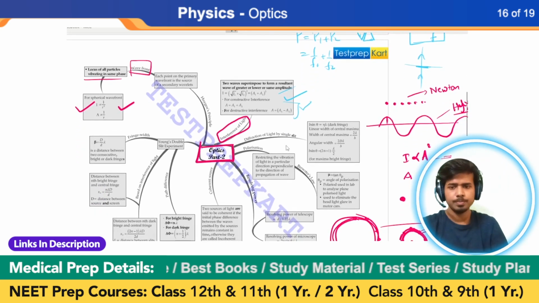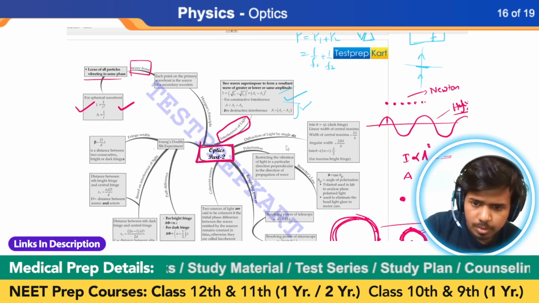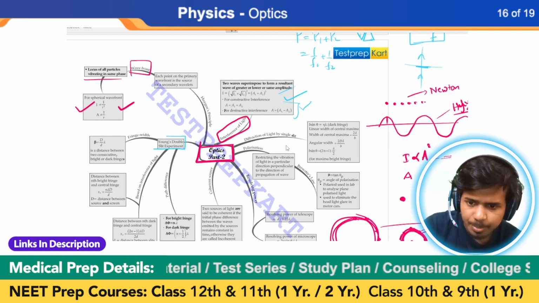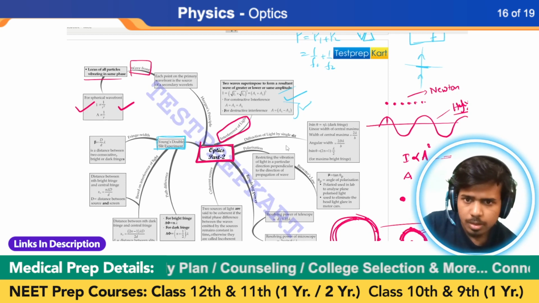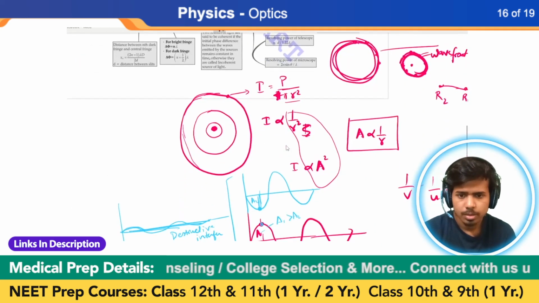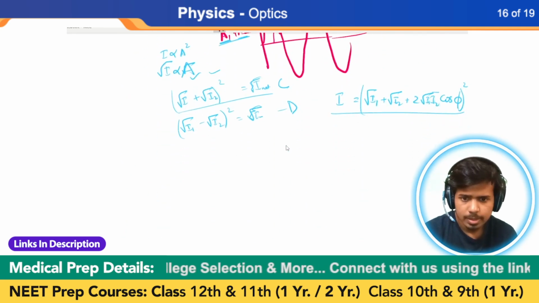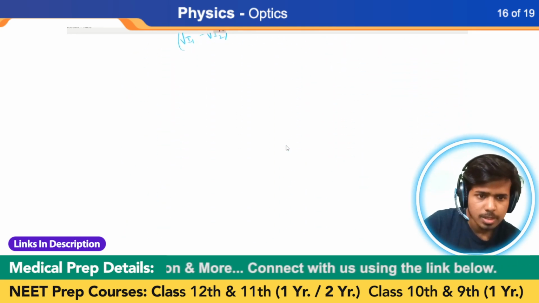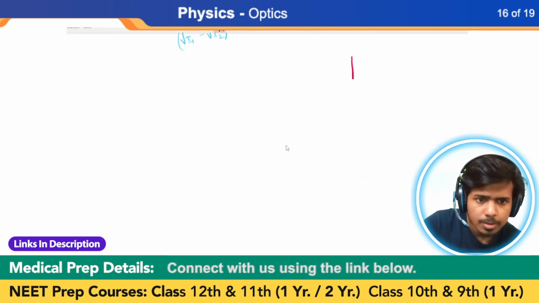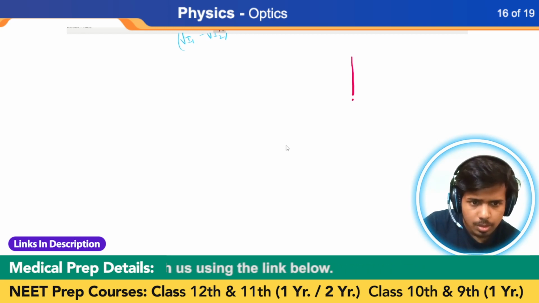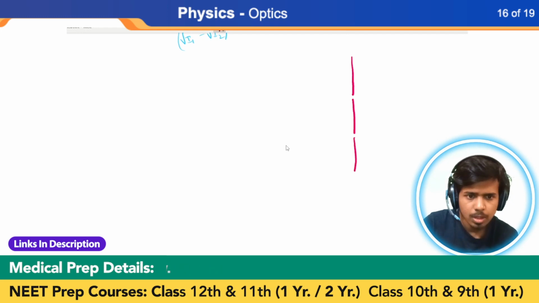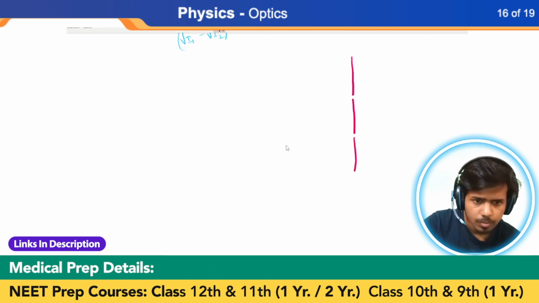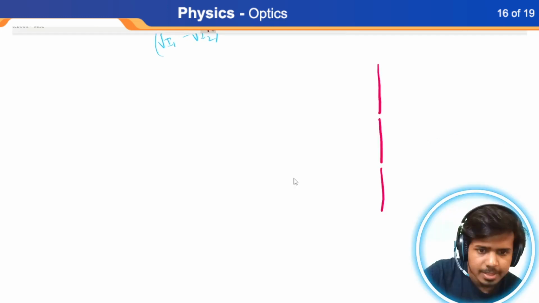Let's come to the most famous part of this chapter, that is called Young's double slit experiment. What he did was, let's say a source of light is here.